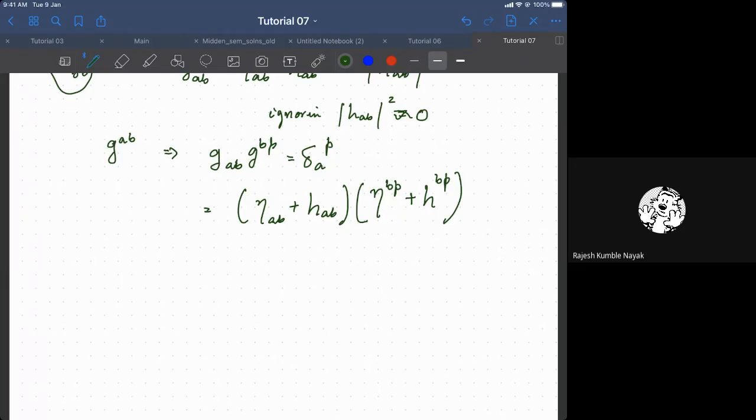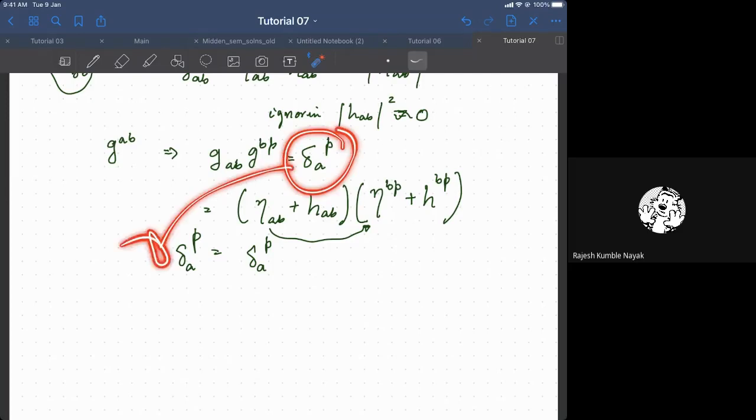It's fairly straightforward. This and this would simply give us delta AP. Is it clear? So this is a delta AP coming from here. And then this multiplied by this is eta AB, eta BP. They are inverse of each other. It's a Minkowskian metric. And then you will have just simply delta AP.